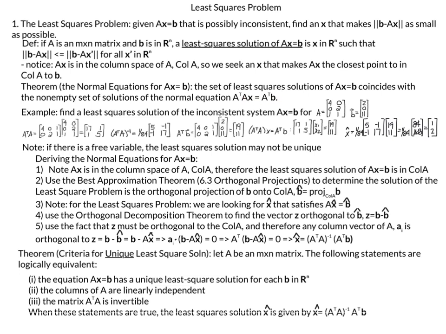So we've taken this possibly inconsistent equation Ax equals b and transformed it into a system that definitely has solutions: A transpose A x equals A transpose b.